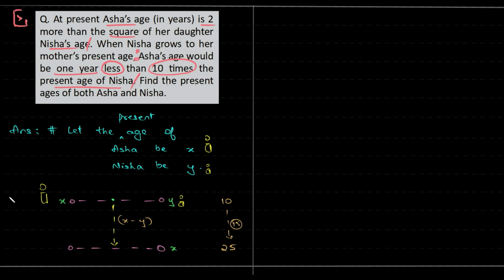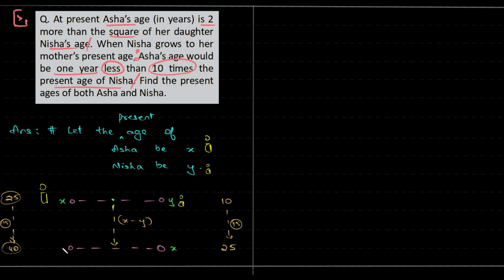The mother's age as per this assumption is 25, and after 15 years, her age would be 25 plus 15, that is 40.